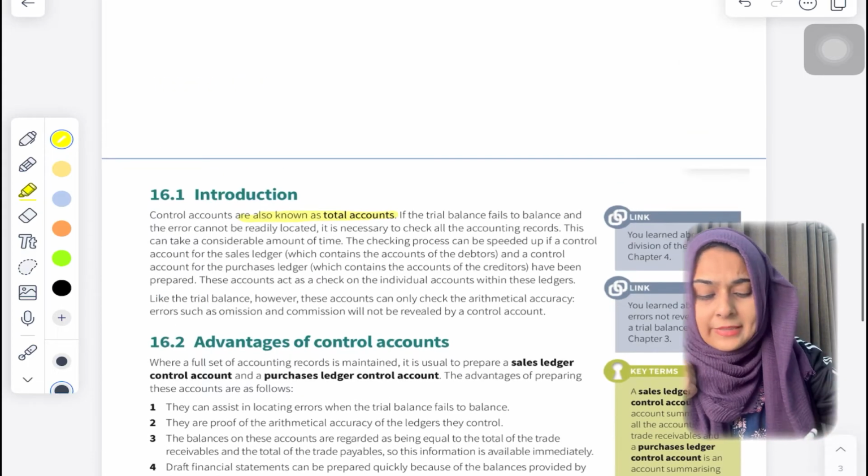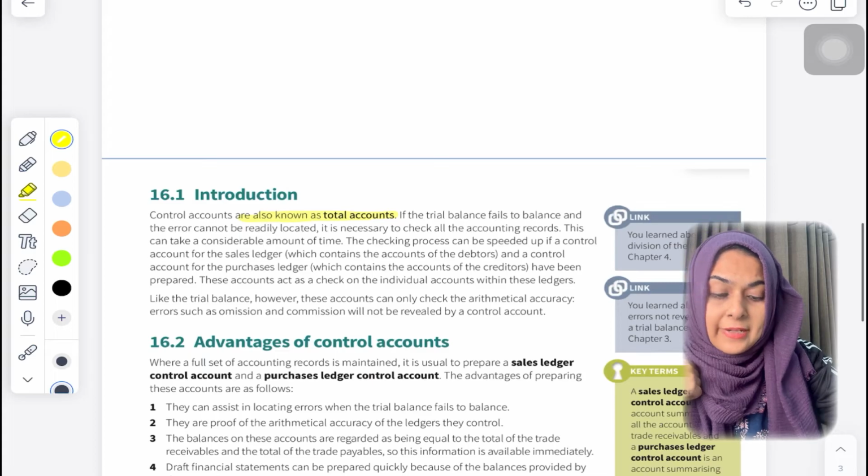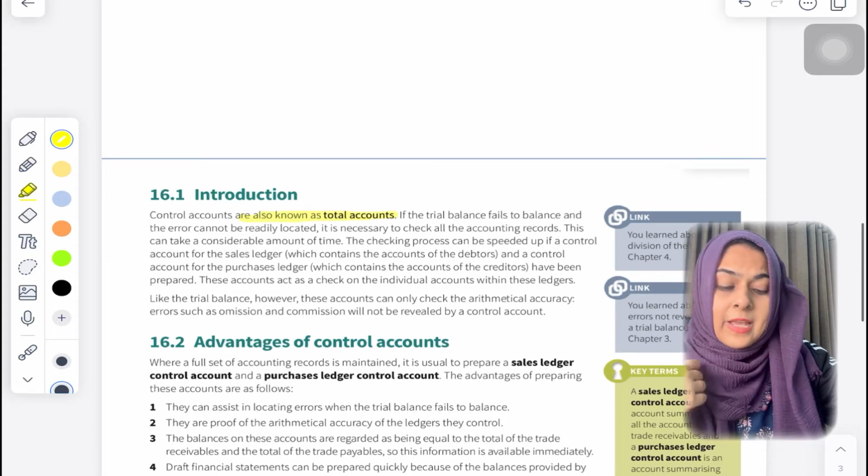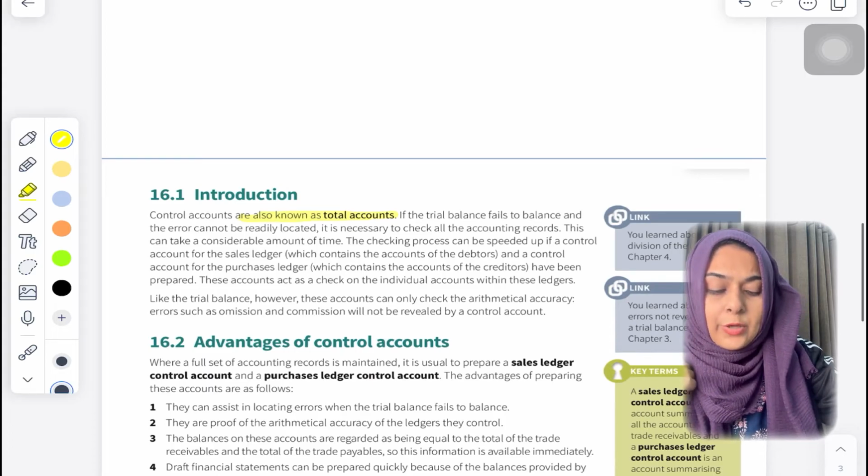So we have a sales ledger in accounting. In Edexcel, the sales ledger is called the trade receivables ledger, but in IGCSE and O levels, the sales ledger contains the accounts of credit customers.